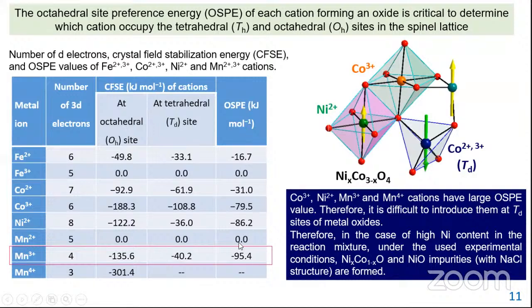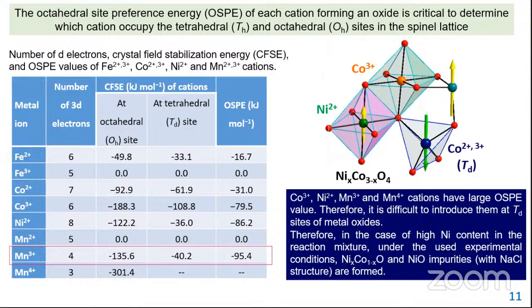So as you can see in this table, cobalt 3 plus, nickel 2 plus, manganese 4 plus, and manganese 3 plus have very high, large octahedral site preference energy.